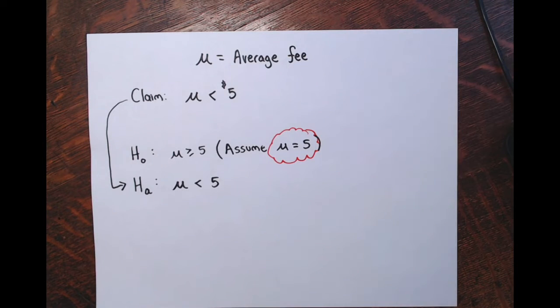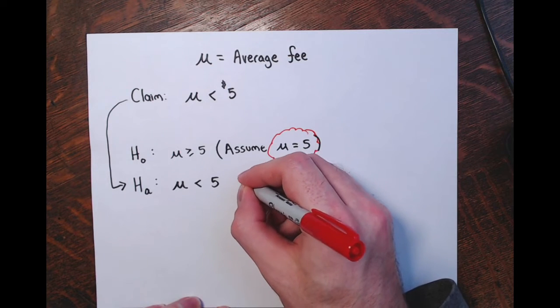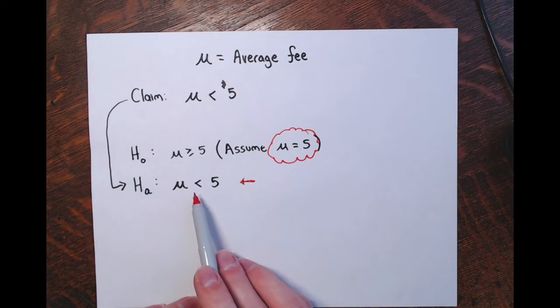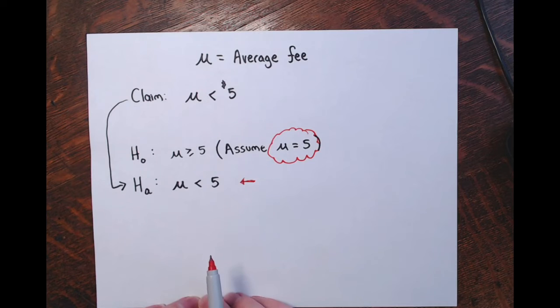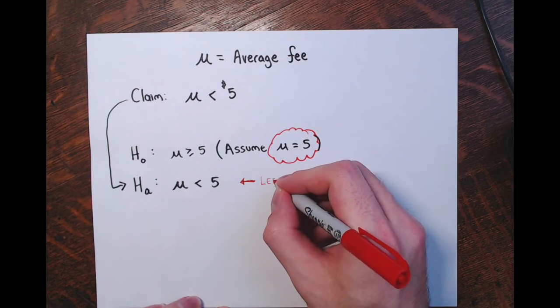Hopefully you recall from other videos that you have to identify whether you're doing a right-tailed, left-tailed, or two-tailed test. That depends on how the alternative hypothesis looks. Here the parameter is less than some specified value, so we're doing a left-tailed test.